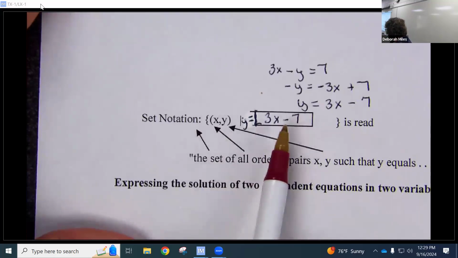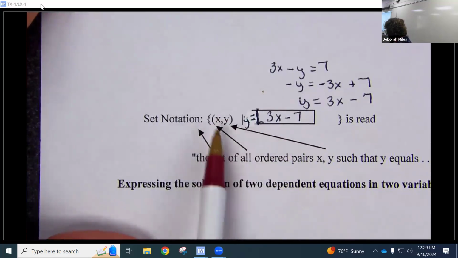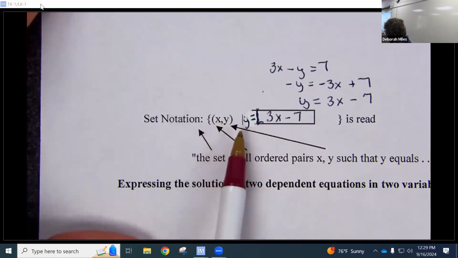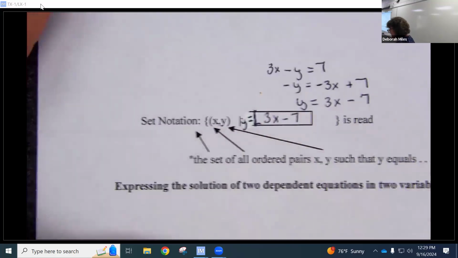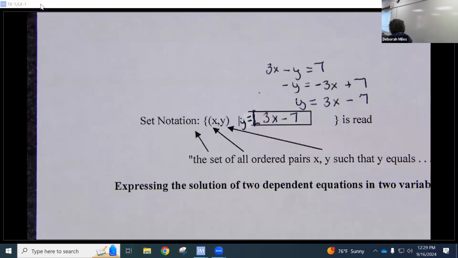We're saying all of the ordered pairs x, y such that the y is triple the x minus 7 would be solutions to that system. All the ordered pairs x, y such that y is 7 less than 3 times the x would be a solution to that system.